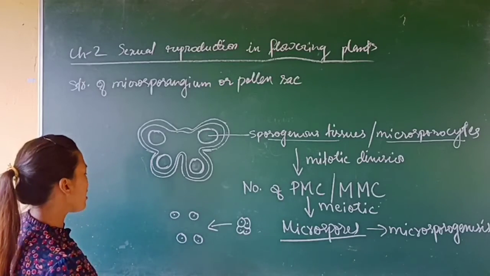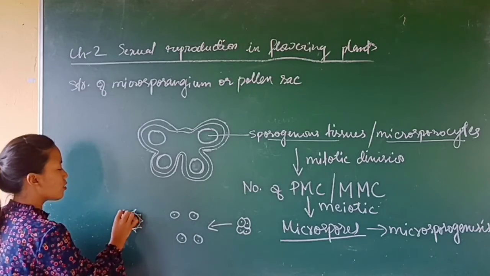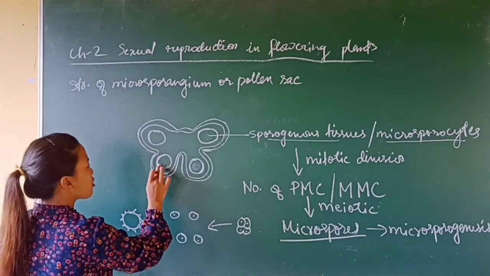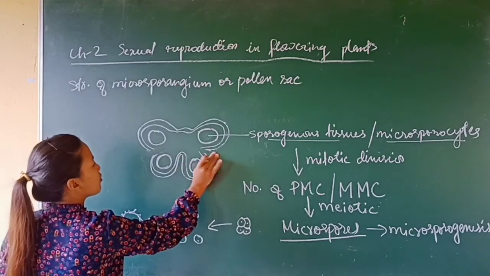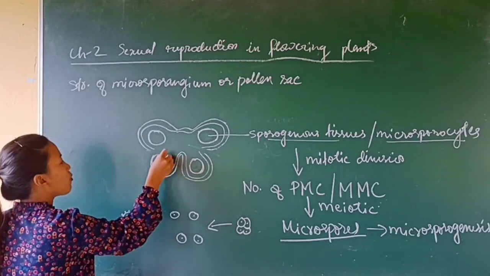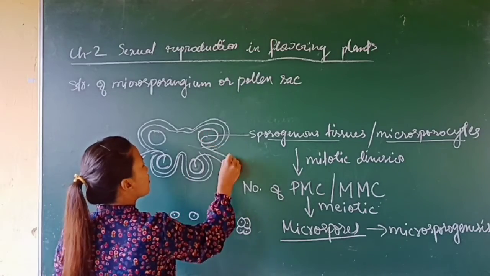They will be released as pollen grains. The mature pollen grains will look like this. When the anther matures, from this line of dehiscence, from the place where there's a long groove, it will open, and from here these microspores will be released.